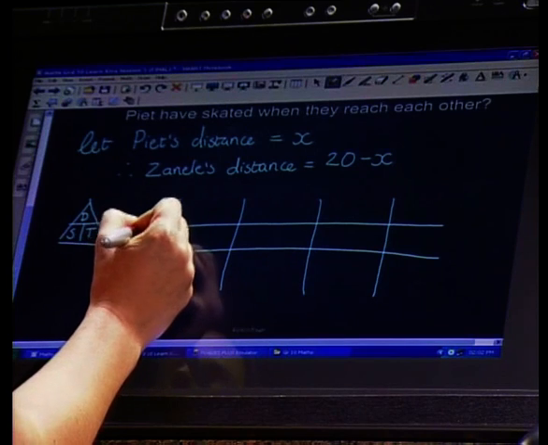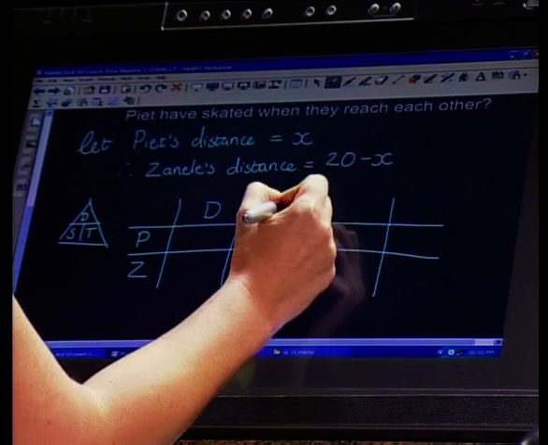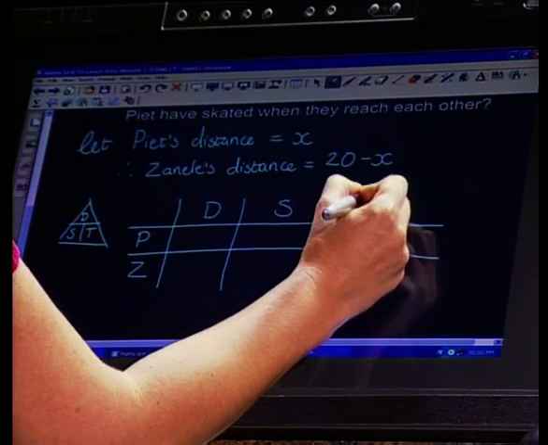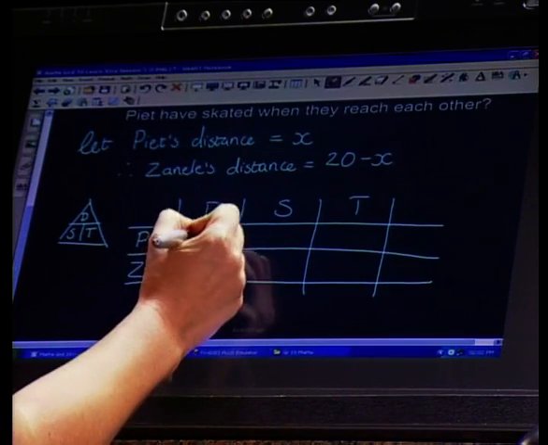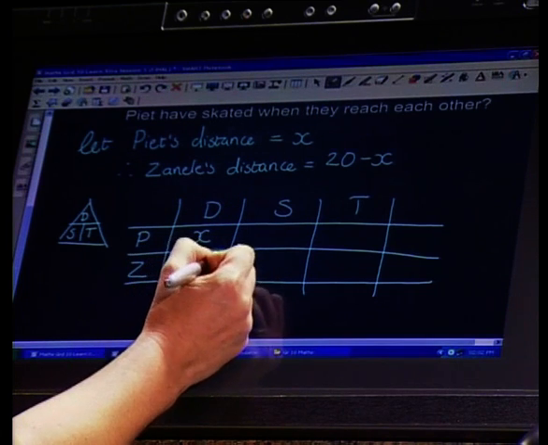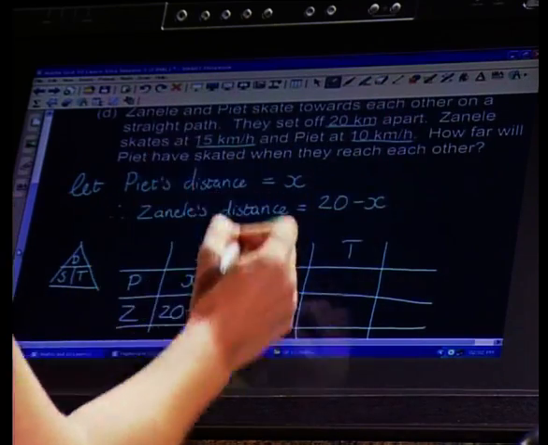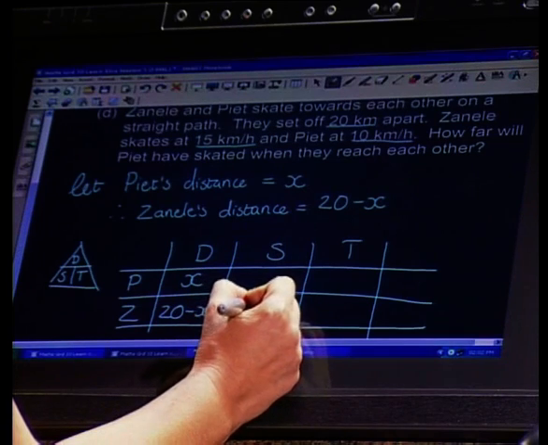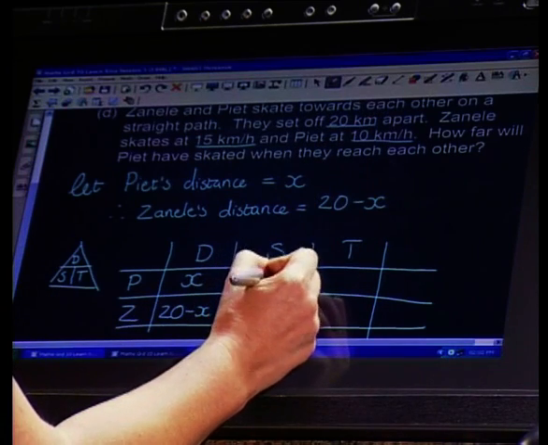I'm just going to say P and Z and distance, speed, and time. We know already that Pete's distance is x and Zanele's is 20 minus x. They tell us the speeds. Zanele is at 15 kilometers an hour and Pete is at 10 kilometers an hour.